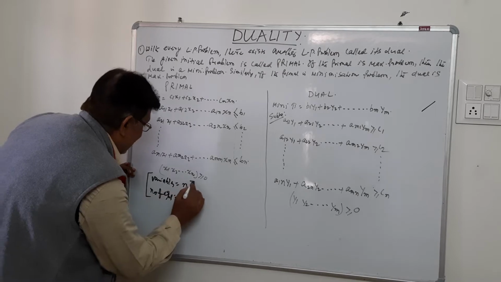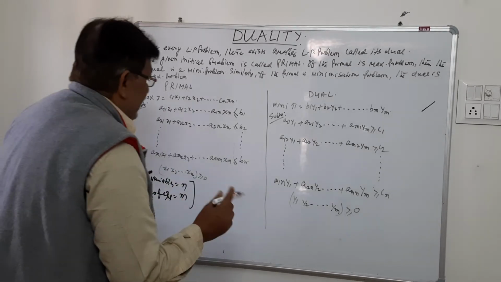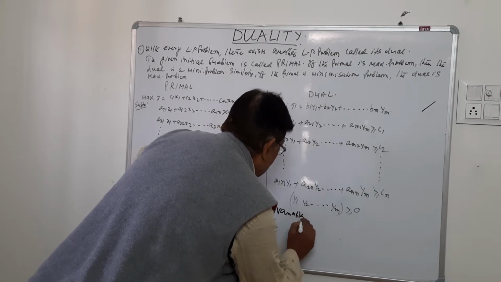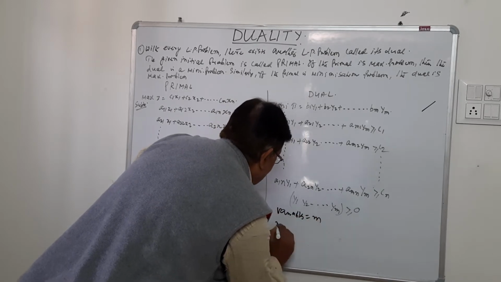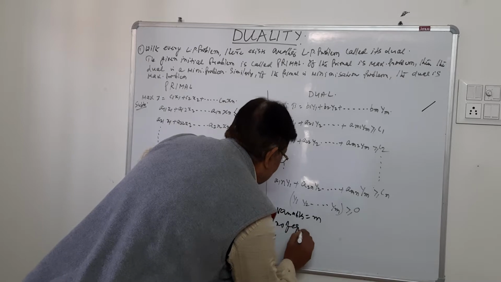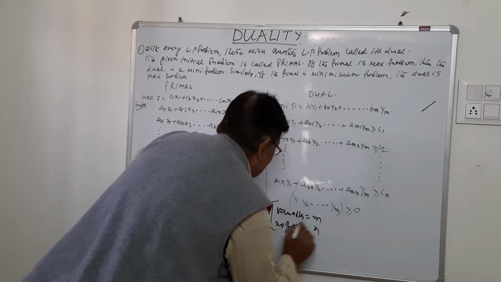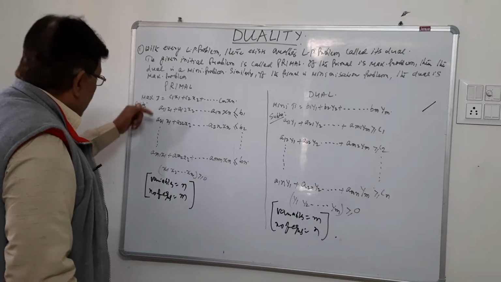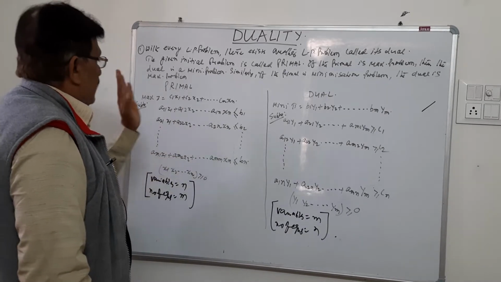It will exactly get converted in a reverse way. Here the number of variables would be m and the number of equations would be n. So these are the m constraints in n variables.